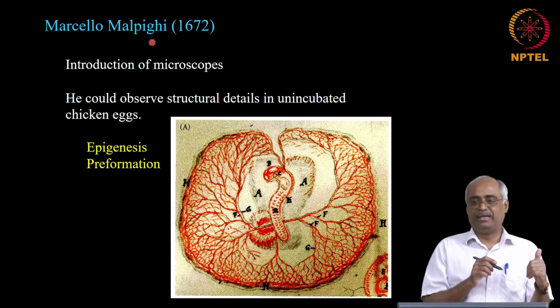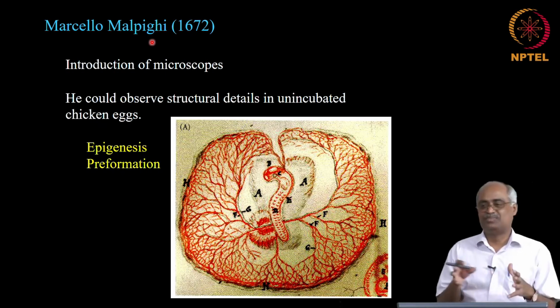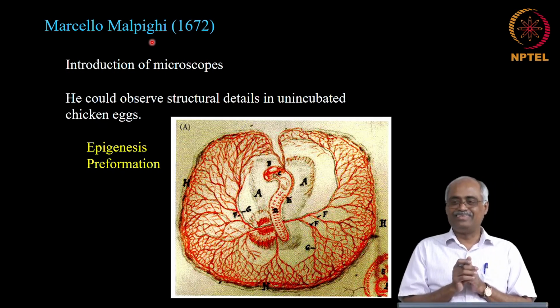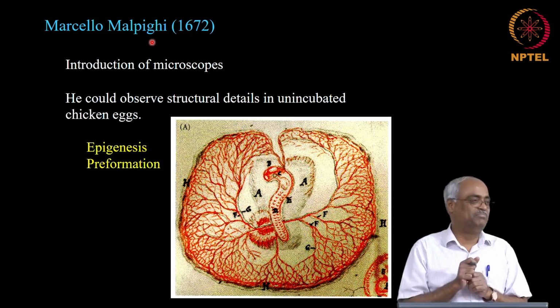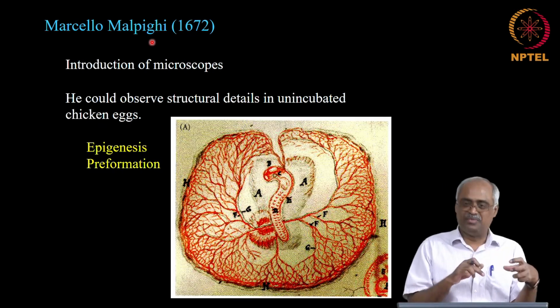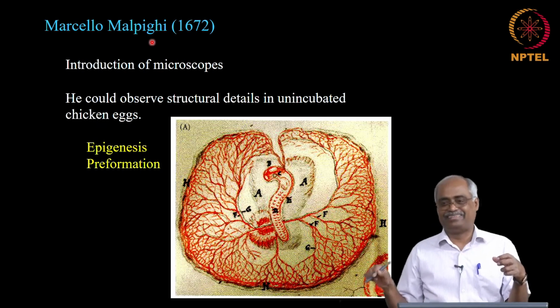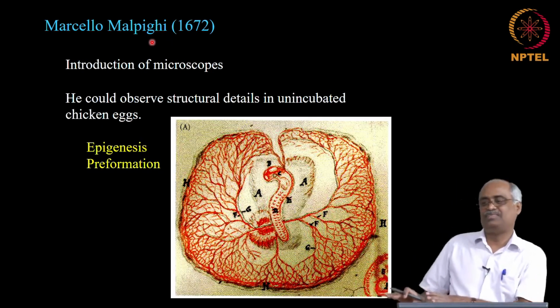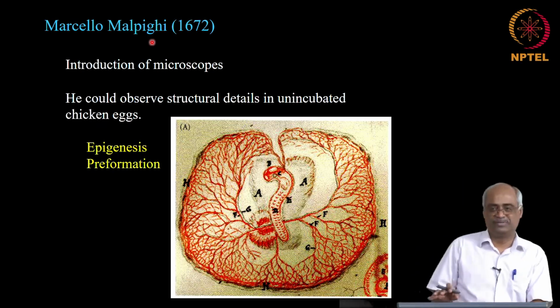Okay, so he did not have a CCD camera and all the sophisticated microscopes and recording devices that we have now. Actually this was there even when I did BSc, when we do the dissections and observe in the microscope, we have to draw that.